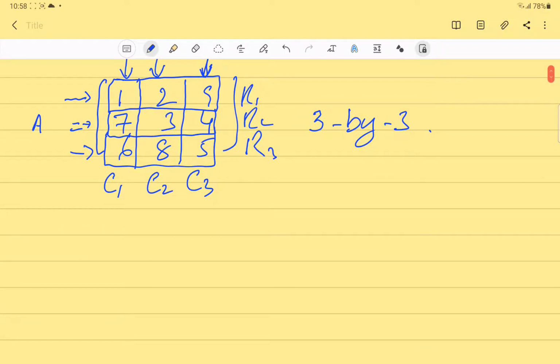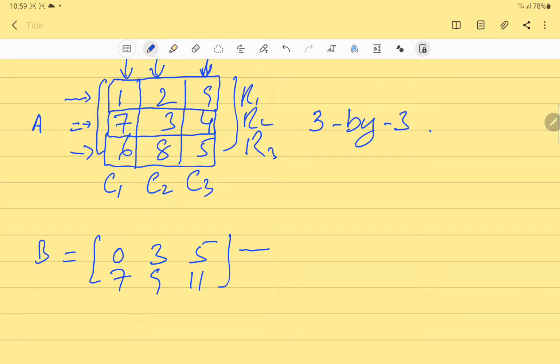Let's have another example. We have a matrix B. It has 6 entries, 0, 3, 5, 7, 9, 11. This is a matrix of order 2 by 3 because it has 2 rows.